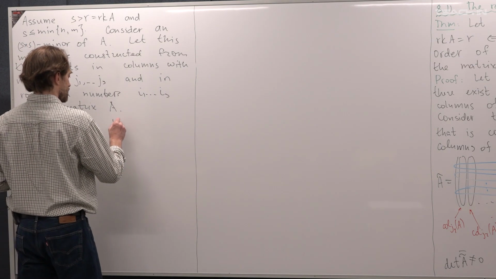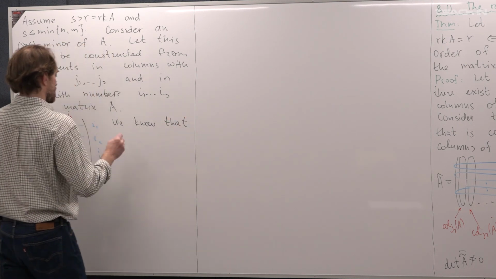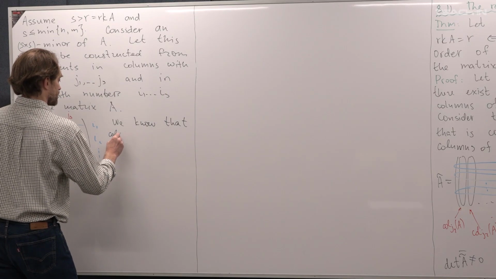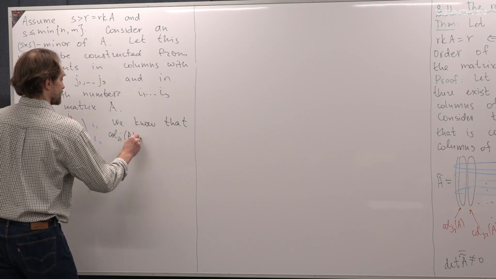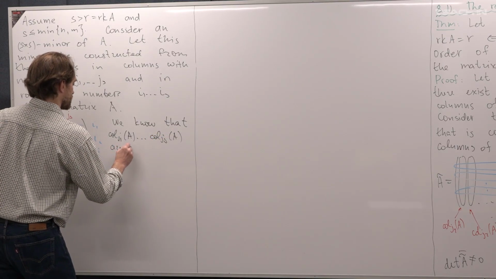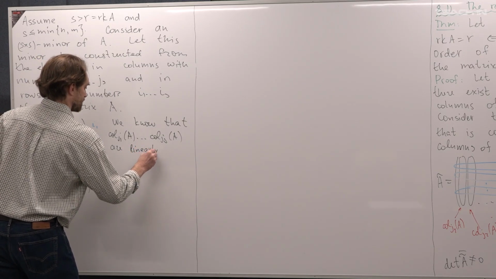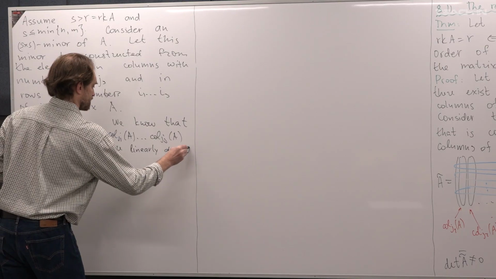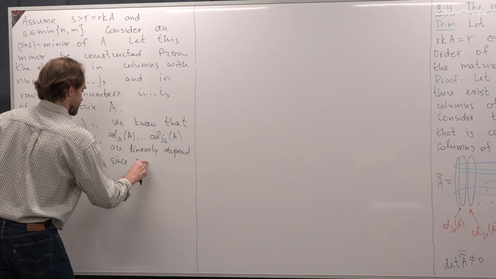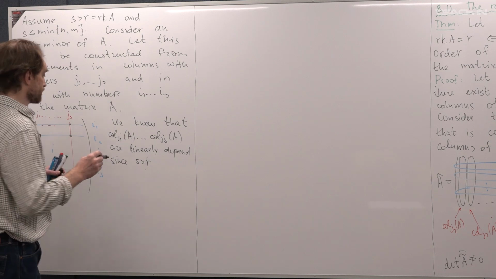So we know that the columns of our matrix with numbers J1, etc., Js are linearly dependent, since S is greater than R, which is the rank of our matrix.